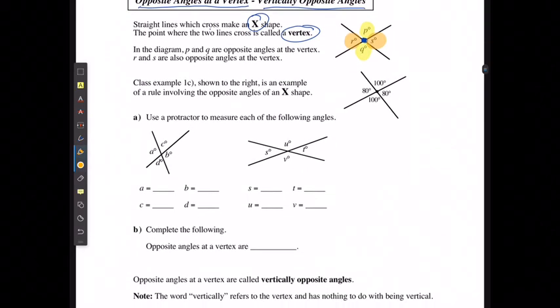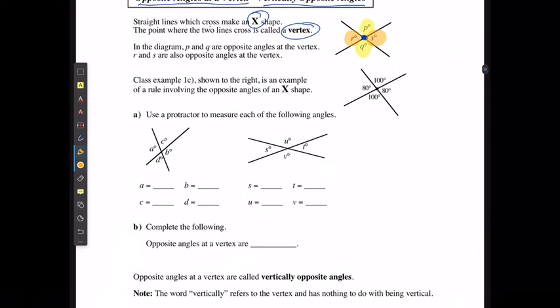Which means that the opposite sides of a vertex always have the same angle. So in this case A and B should be the same, S and T should be the same, C and D are the same, and U and V are the same. If I'm using a protractor to actually measure this out, I can verify this. So in this case, A is 110, and B is 110.